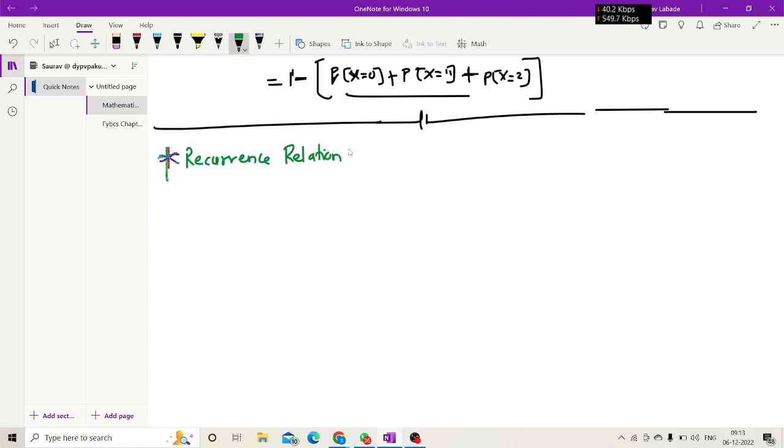Now, what is the meaning of the recurrence relation?